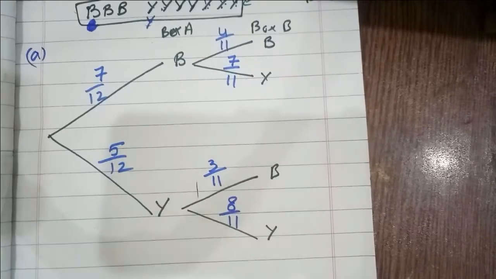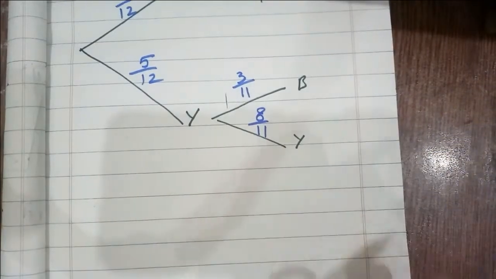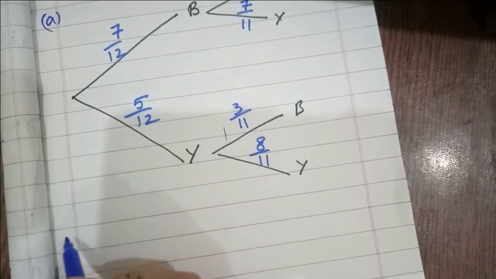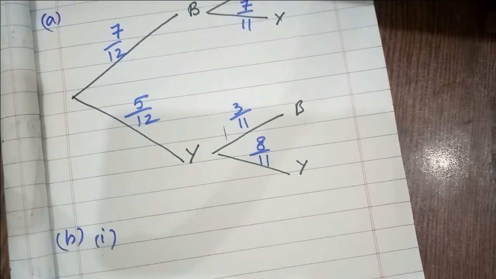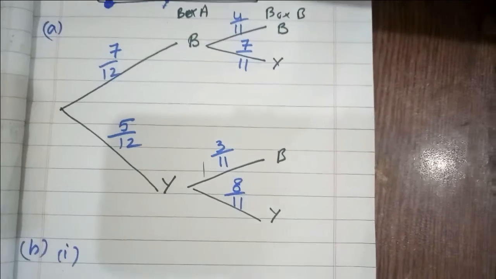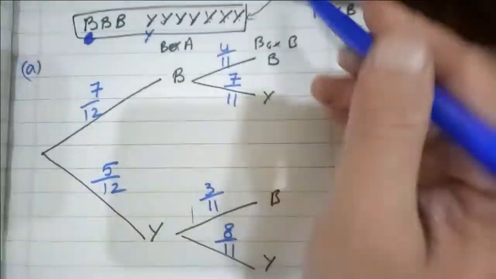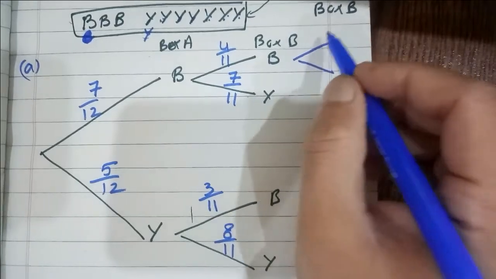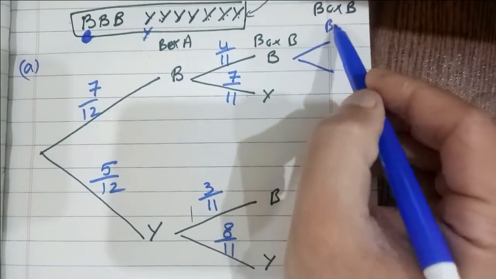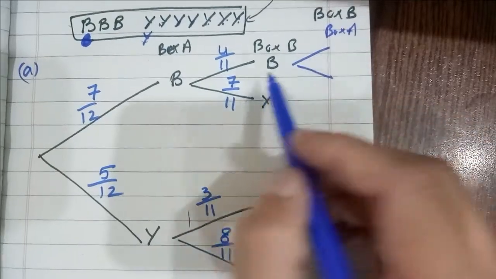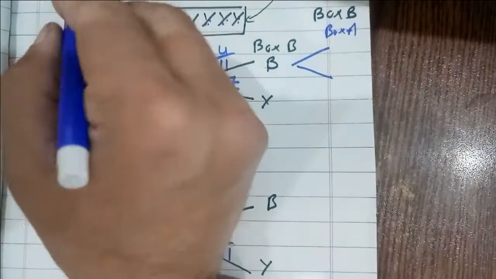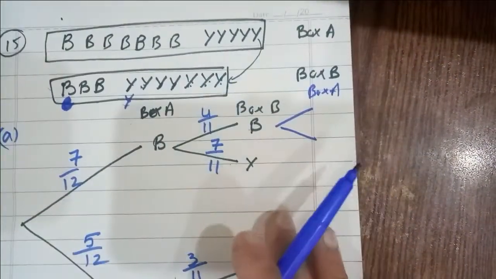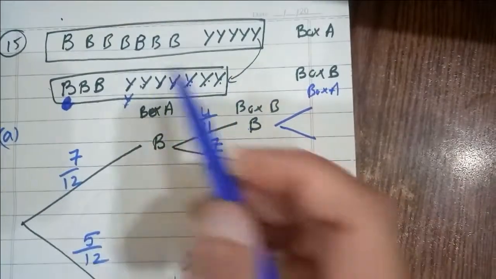Next part, part B. Find the probability that at the end of the experiment box A has more yellow balls than blue balls. So if I extend this for box A again, so if blue is chosen from B, then the probability it will have another blue taken and blue added.